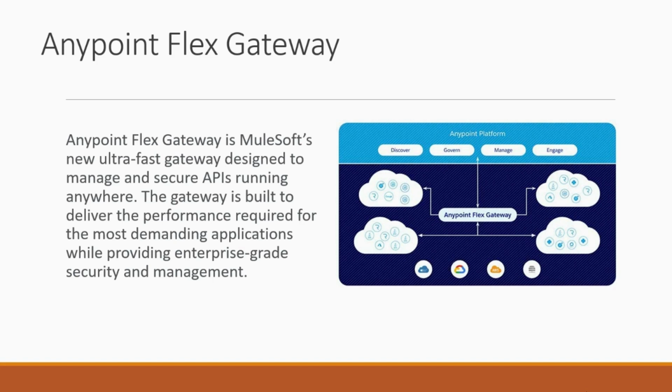Similarly, this gateway is designed to manage and secure APIs running anywhere, and it is built to deliver the performance required for the most demanding applications while providing enterprise grade security and management. So let's go straight to the demo and see how this works.